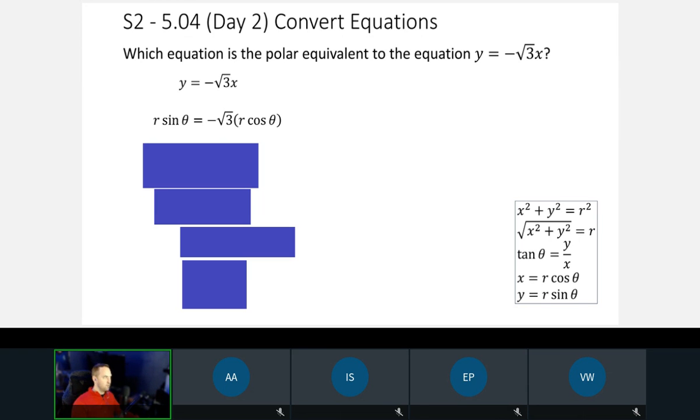Okay, so you don't need your notes. You just need to solve this equation now. So what do we do? Do we square root it?